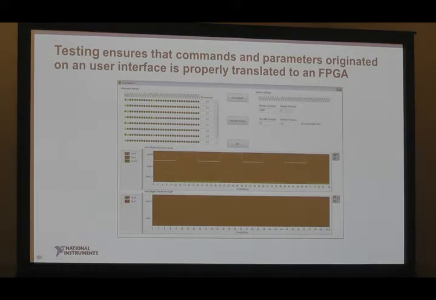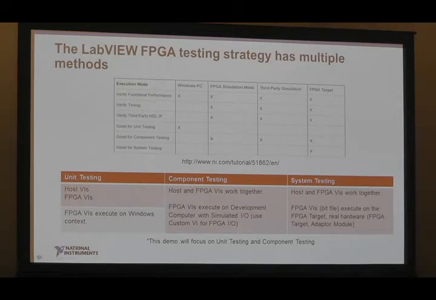So all the testing we will do is to ensure all the commands and the parameters are sent to the FPGA properly. For the testing, usually there will be three layers: unit testing, component testing, and system testing. The component testing is for testing the fundamental level IP, like the individual VI.